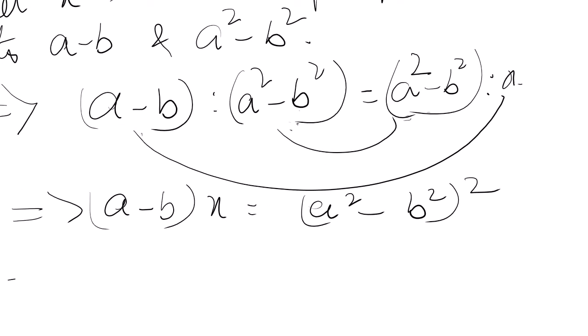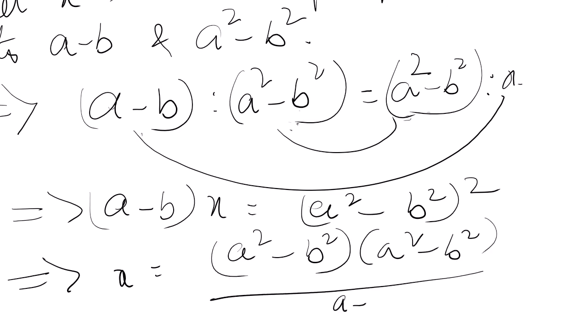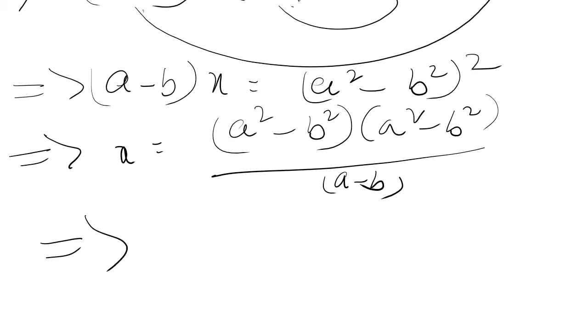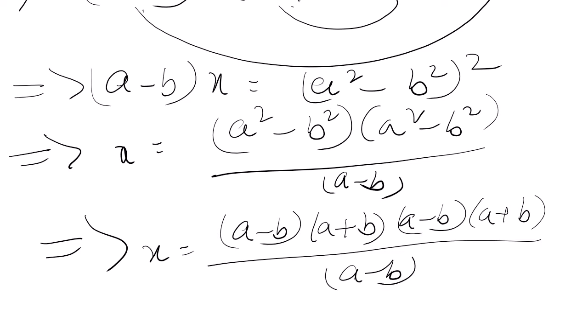Right? So this implies x is equal to a square minus b square into a square minus b square upon a minus b. Now a square minus b square can be written as a minus b into a plus b, so a minus b into a plus b upon a minus b.